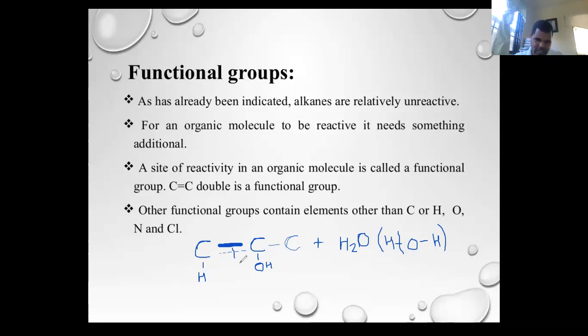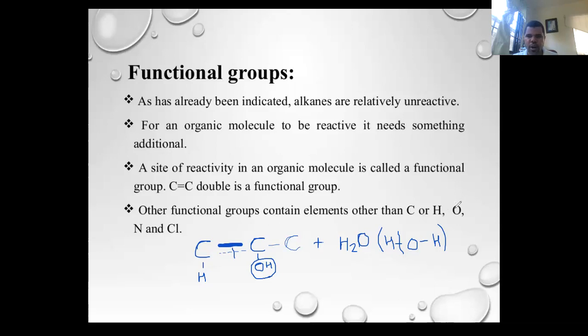Okay, now in this case, this is not an alkane because you have something that is new. And this that you see here is also a functional group. This makes this a whole different substance. This is not going to be just propane, as you might think. This is a new substance that I'm going to teach you in a couple minutes. Remember, as I said before, some functional groups contain elements other than carbon and hydrogen.